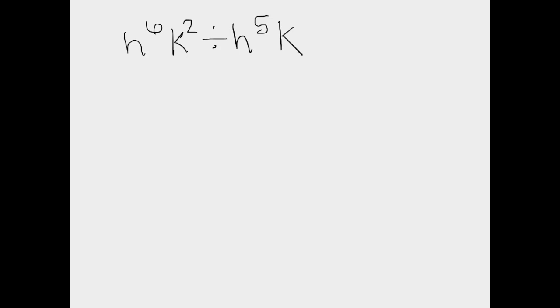Alright, so let's start out by writing this as a fraction to make it easier to look at. So I'll have h to the 6th times k to the 2nd divided by h to the 5th times k. So now I can break these apart, so I can look at just my h's and then just my k's, because I want to look at my common bases. So here I just want to look at h first, and then I can look at my k.